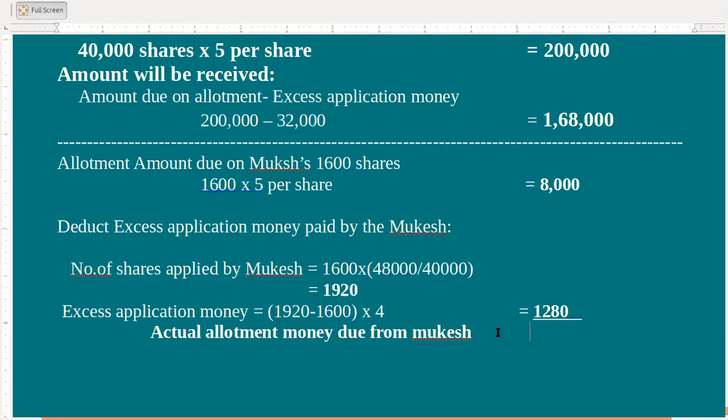Just deduct this 1,280 from 8,000. Tell me. 6,720.